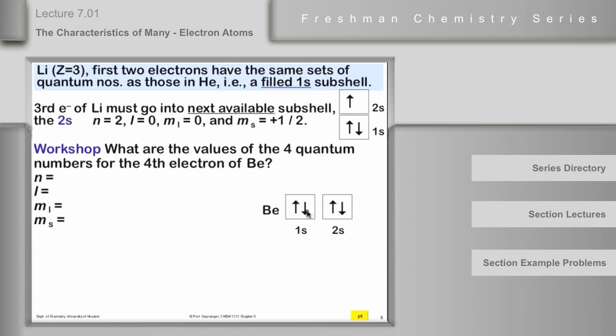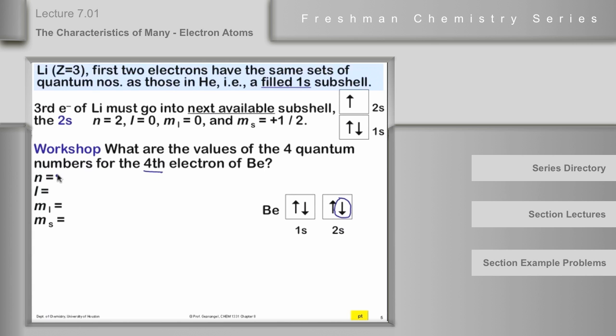It has 2 electrons in the 1s, and it will have 2 electrons in the 2s. And the question that we need to look at is, what about this 4th one here? What are the quantum numbers for the 4th electron?